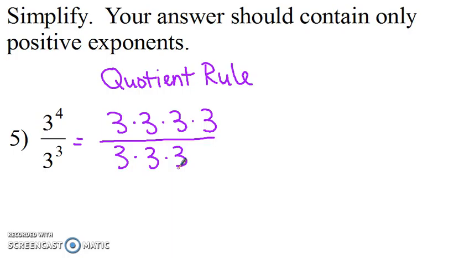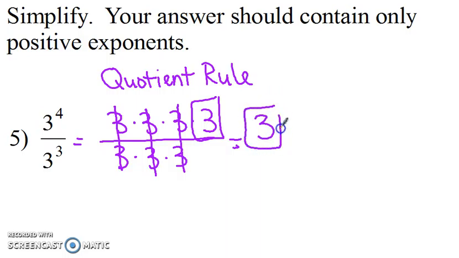So I'm going to divide the top and the bottom by 3. That gets rid of both of those. And we can do it again, and we can do it again. Because each term has a 3. We can break the 3 out 3 times. So what we're going to end up with is this one lonely 3 sitting on top of the fraction, and that is the answer.